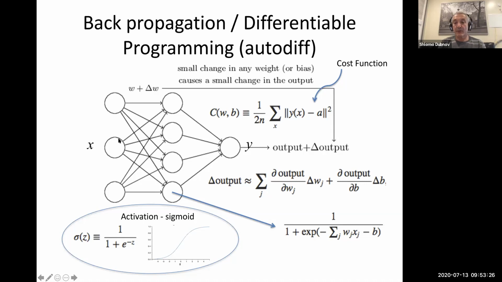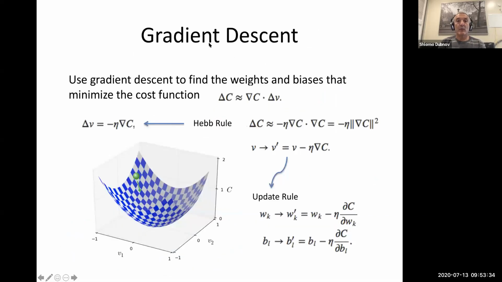Of course, we are not showing and proving the full backpropagation algorithm, but the concept itself is that once we have the ability to change, we want to be able to change the cost function so we reduce it.